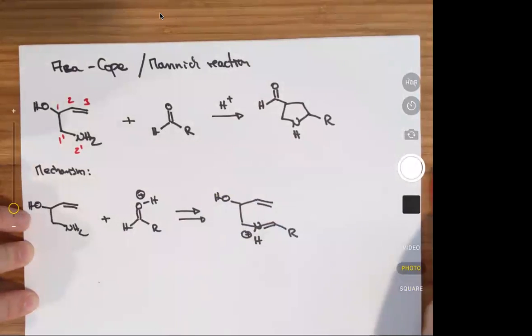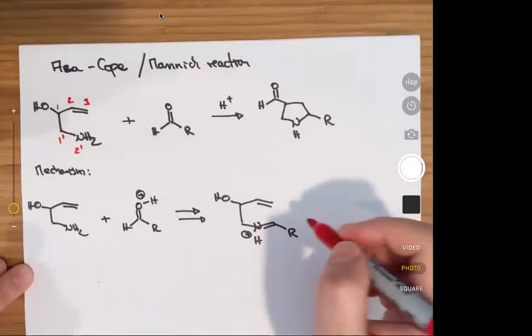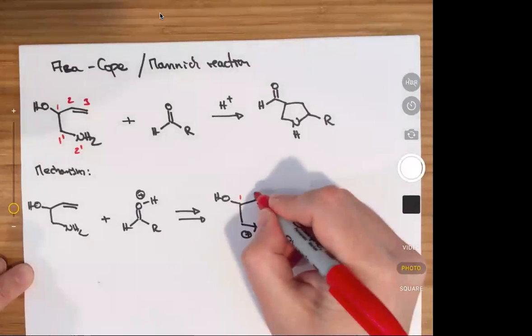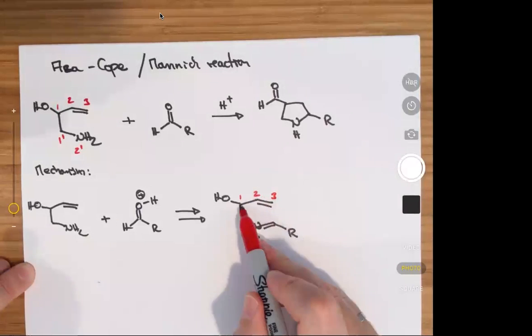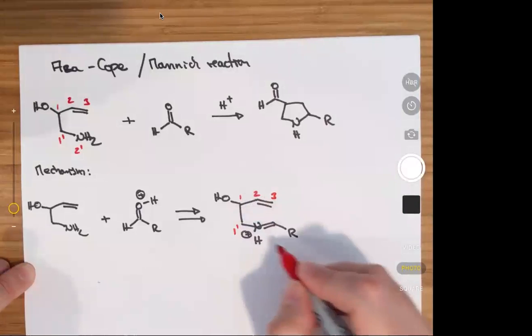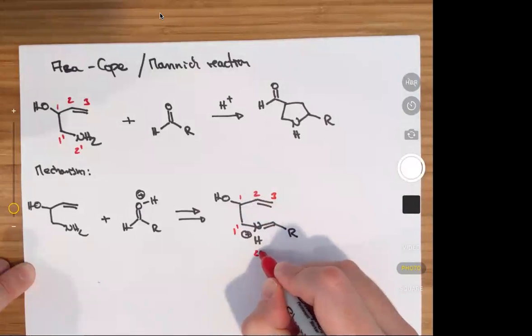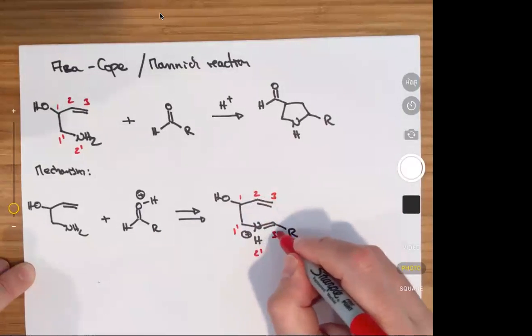And within one step, you already have generated something that gives you the chemistry or the rearrangement of functional groups that you need for the sigmatropic rearrangement. Again, we have our 3 carbon atoms on this side, and down here we have 1 prime. The nitrogen is essentially 2 prime, and this carbon atom that we brought in from the aldehyde is 3 prime.